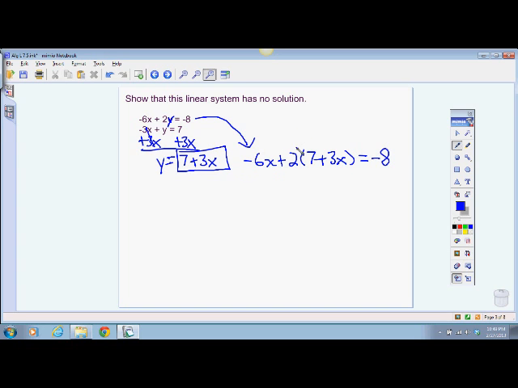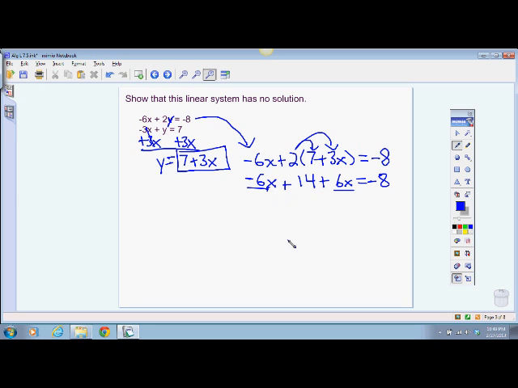Now let's see, when we solve this, we use our distributive property and then gather our like terms. So we have negative 6x plus 2 times 7, which is 14, plus 2 times 3x, which is 6x, and then gather your like terms.